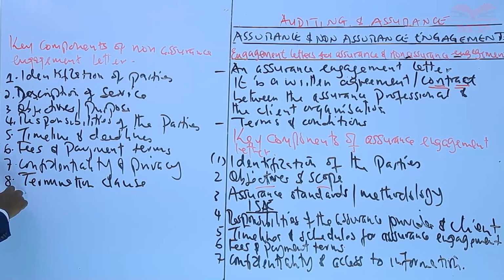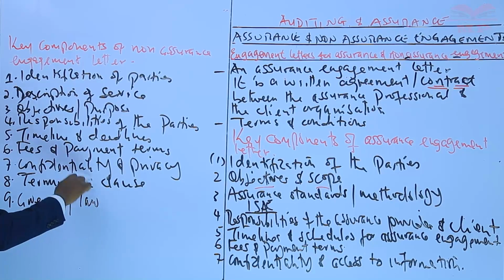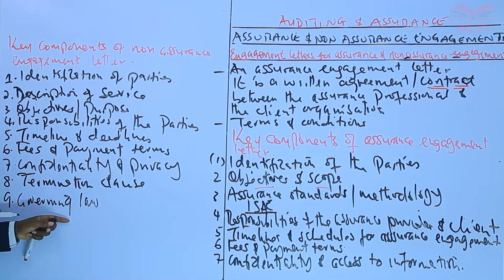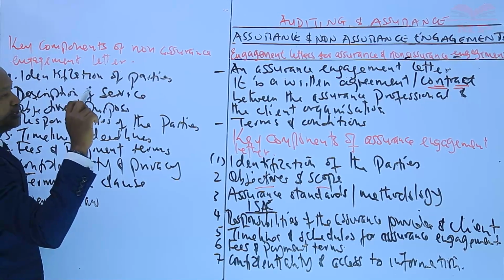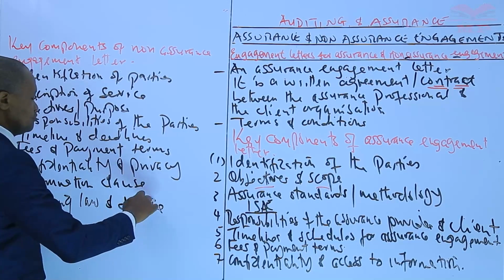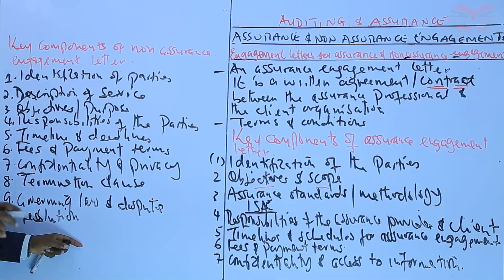Number 9, governing law and dispute resolution. There has to be a clause on governing law and dispute resolution.